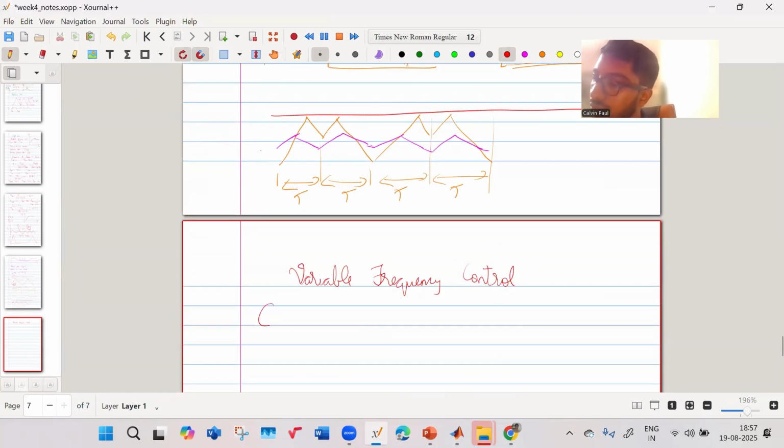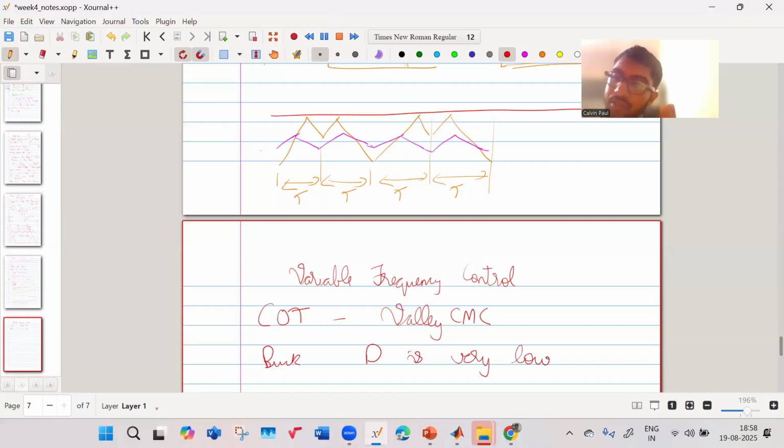Second of all, you have constant on-time control. That is analogous to valley current mode control. And this constant on-time control is very useful, as Sir had mentioned, in buck converters when your duty is very, very low, like in the case study which Sir was referring to for VRM application.